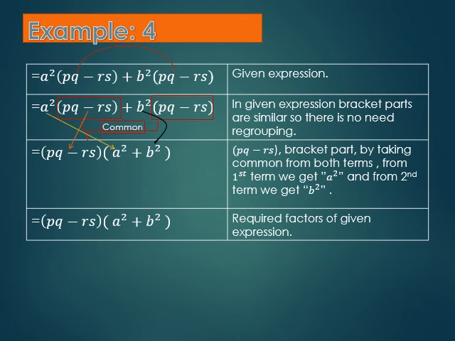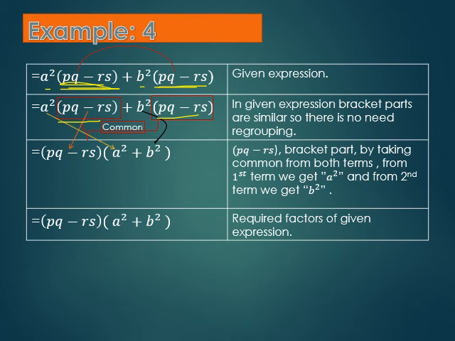The next example. Again, we have an expression a square into pq minus rs plus b square into pq minus rs. Observe student, this is very simple. As the common factors, the bracket parts are the same. It means that we are not going to regroup it. Take it as it is given.